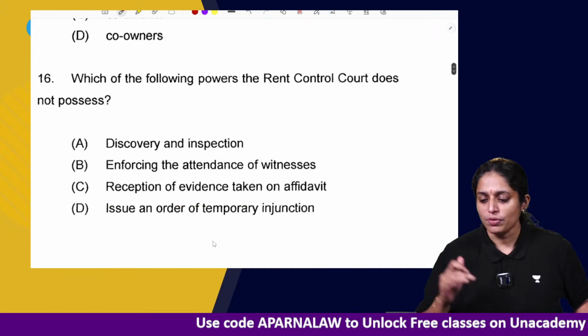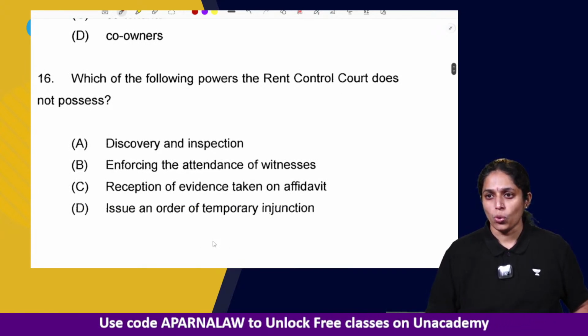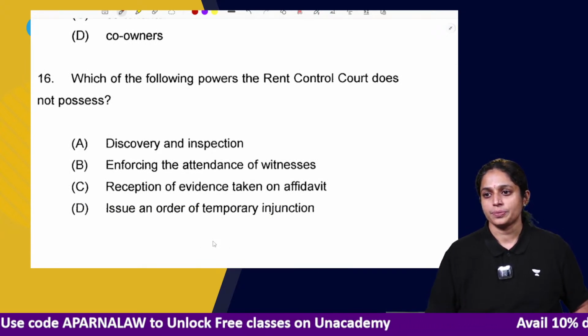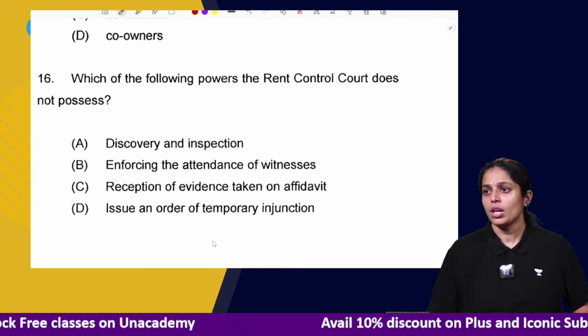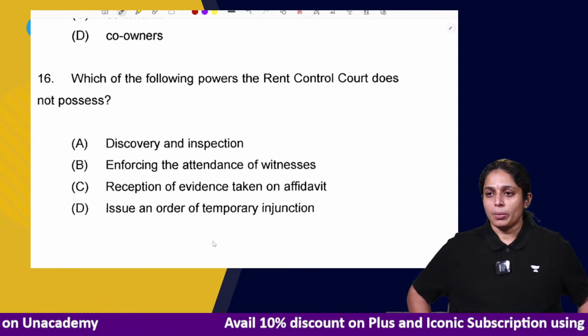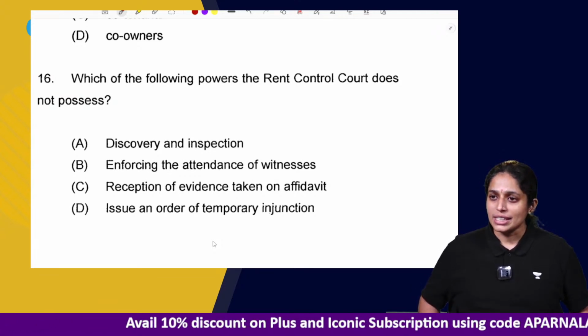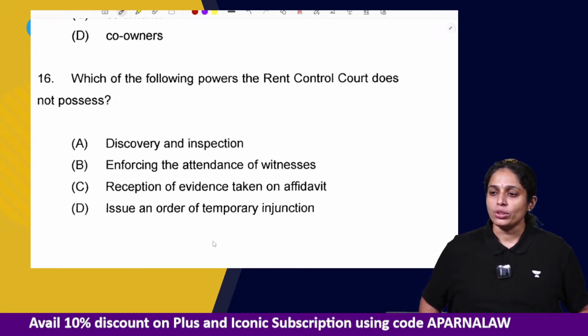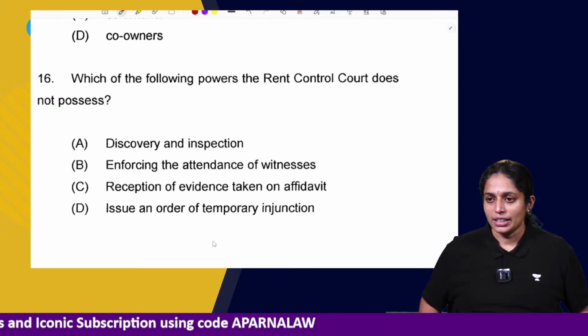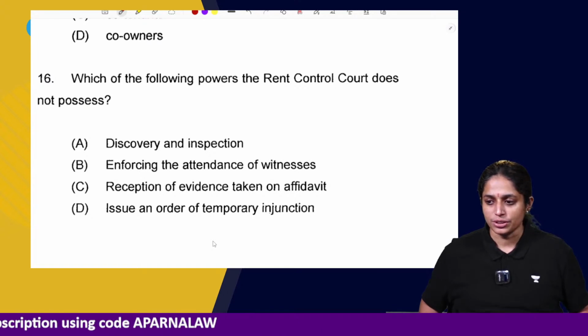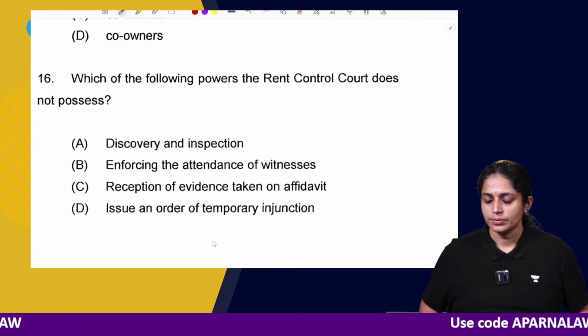16th. Which of the following powers does the rent control court not possess? So generally most of the rent control courts do not have this power. So it is A. discovery and inspection, B. enforcing the attendance of witnesses, C. reception of evidence taken on affidavit, D. issue an order of temporary injunction.